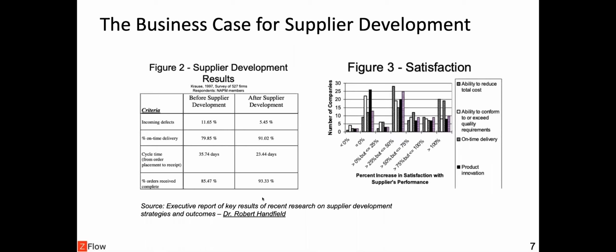So you can look at that. The link here provides the source research article. But this is kind of well known. If you ask many strategic sourcing or supply chain teams, they know supplier development positively impacts supplier performance and consequently your firm performance.